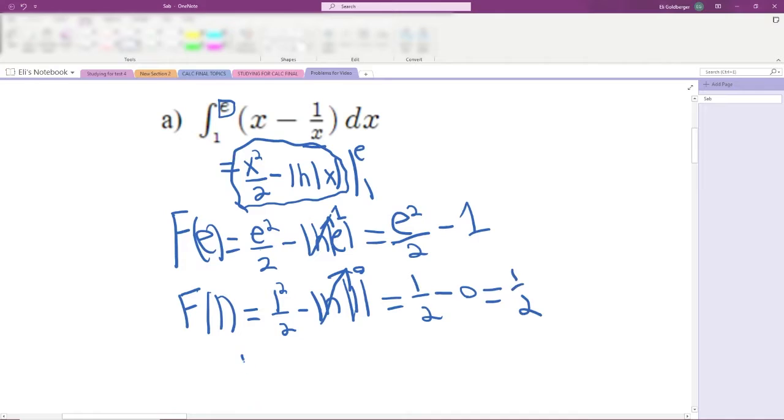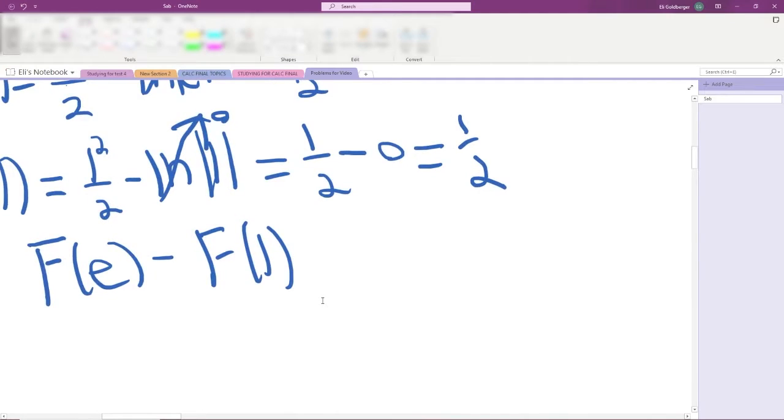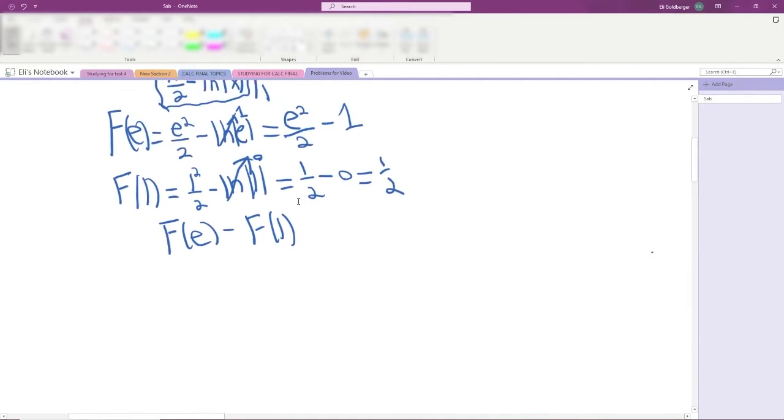So now when we go to do F of e minus F of 1, as we can see, that's our F of b minus F of a on top. We can just write them out because we know what both of those equal.